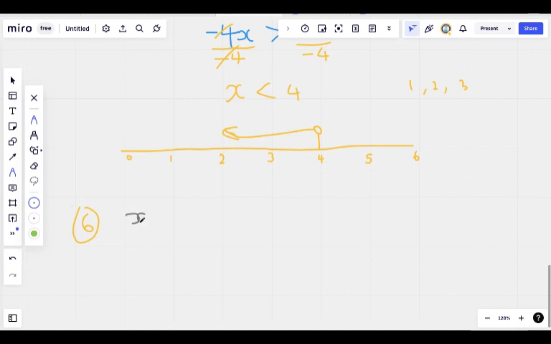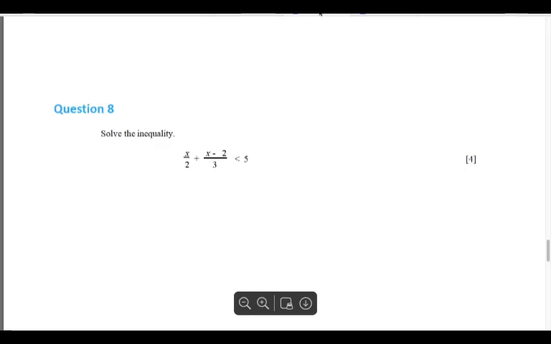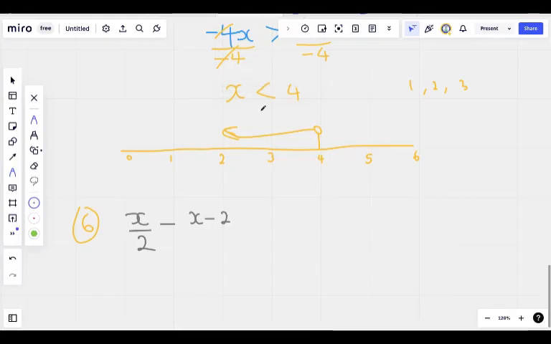X over 2 minus, sorry, x minus 2 over 6, right? X minus 2 over 3 is less than 5.